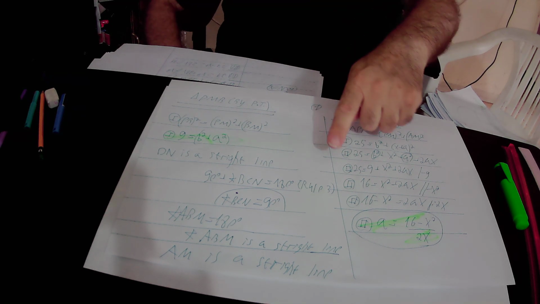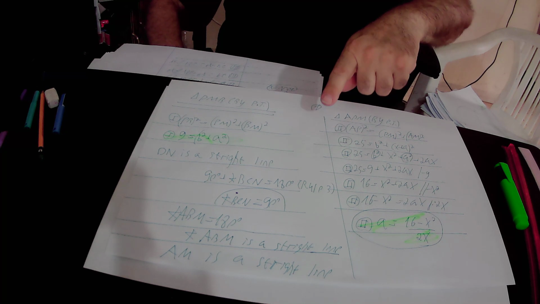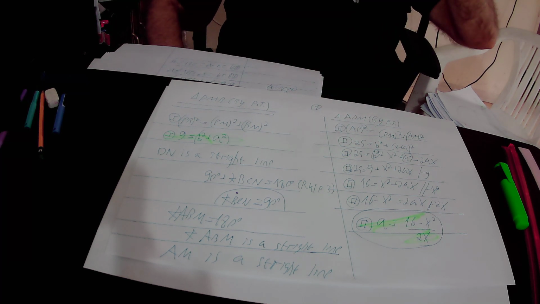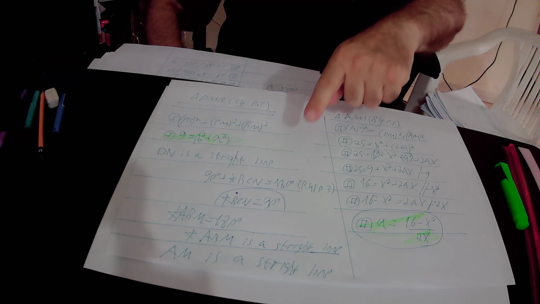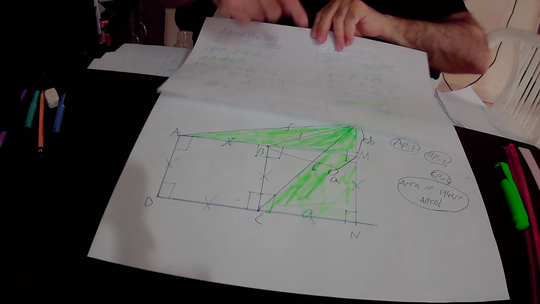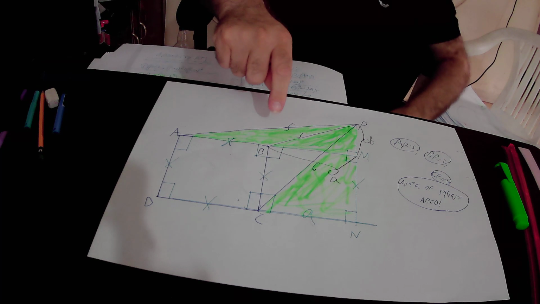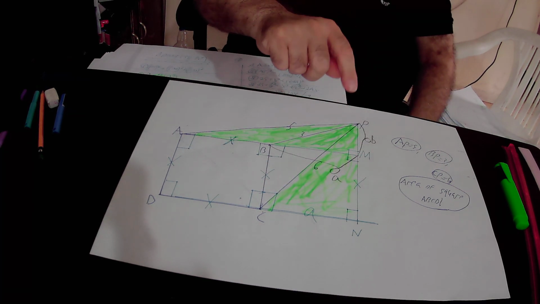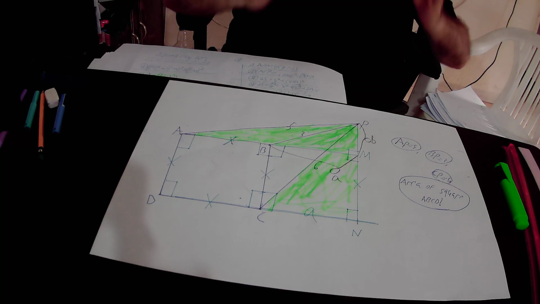So we subtracted 90 degrees from this equation and found out that the missing angle BCN equals 180 degrees minus 90 degrees, which is 90 degrees. So this angle equals 90 degrees. Therefore, in quadrilateral BMCN, we have 3 right angles. The sum of 3 right angles is 270 degrees.